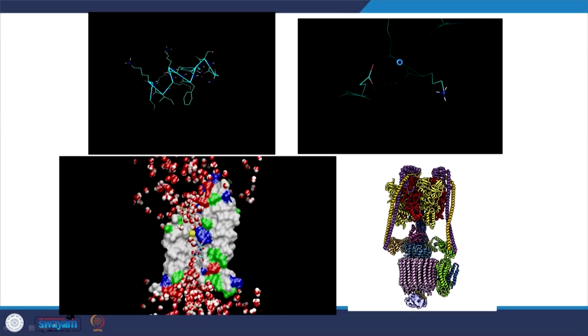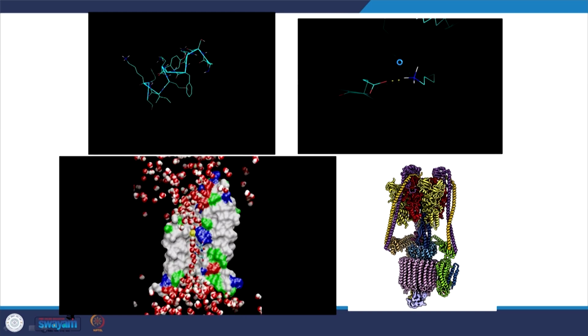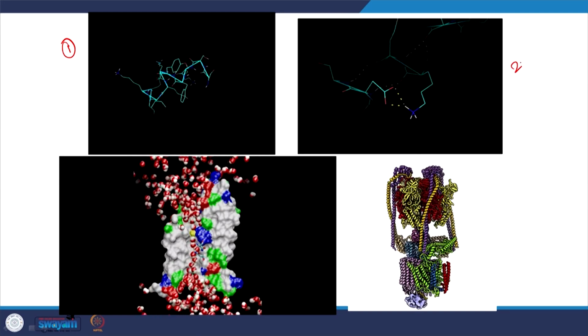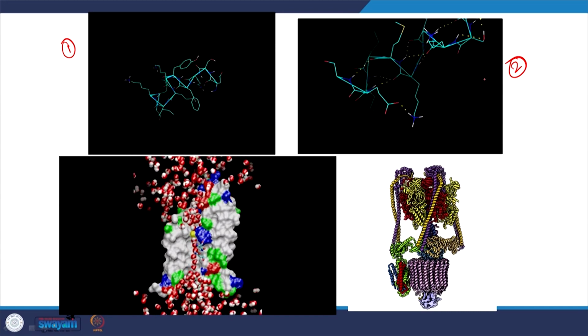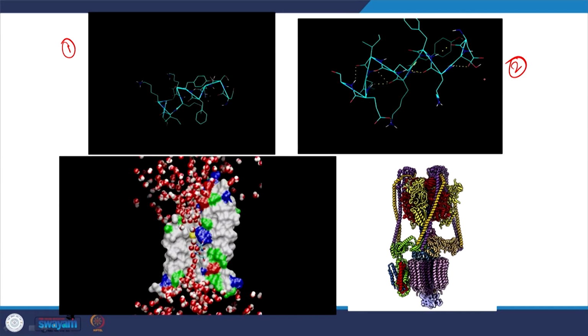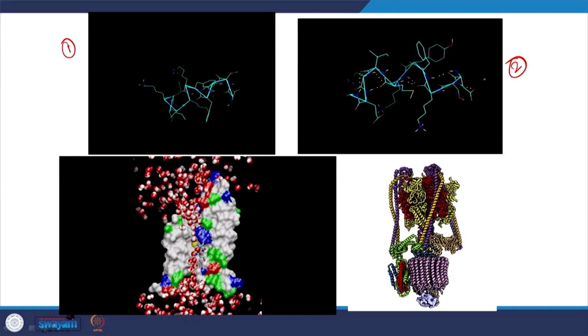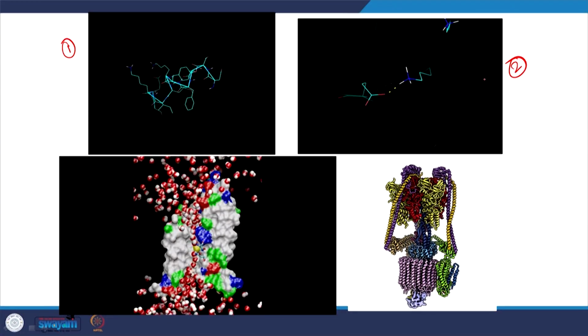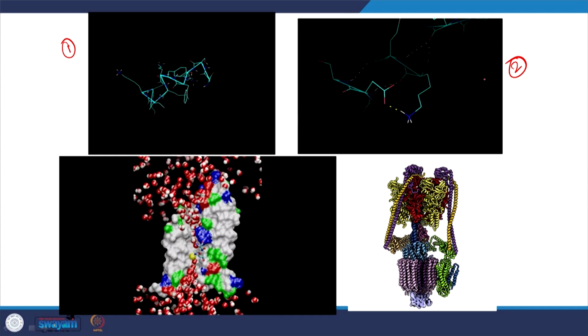So, if you look at movie 1 and movie 2, this is a representation of how you could normally work in PyMol, or how you could work and develop high resolution movies.